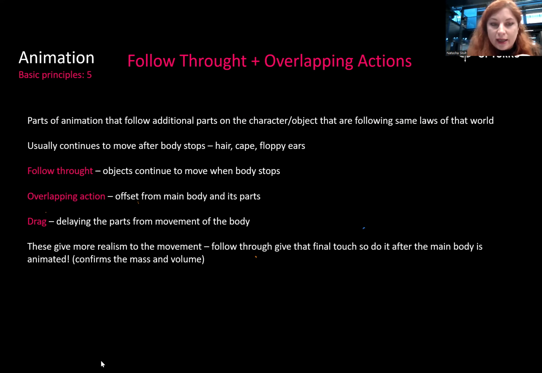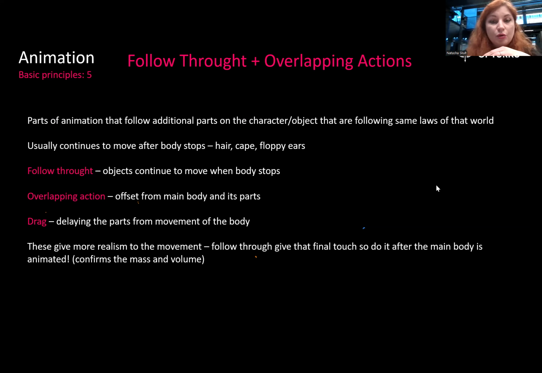And then we have drag, which delays a certain part of the character or item from the movement of the body. So follow through, overlapping, and drag are the three things that give more believability to the object itself.